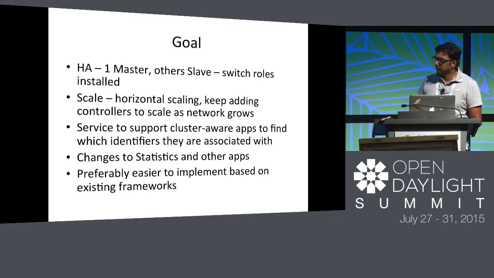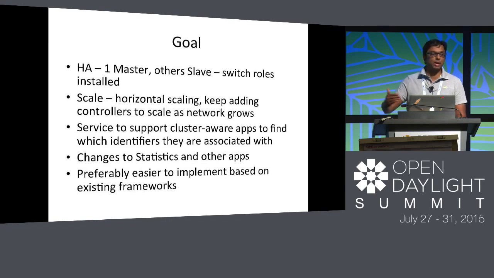And in this Beryllium, we are trying to make changes to statistics and make it better, based on existing frameworks, so that we don't have a huge time lag from the start of the design and can complete this in this time frame, because this OpenFlow clustering is in great demand, since people need to scale.